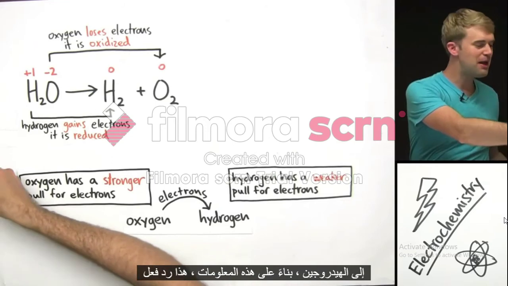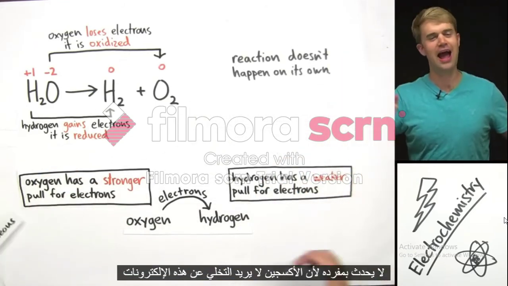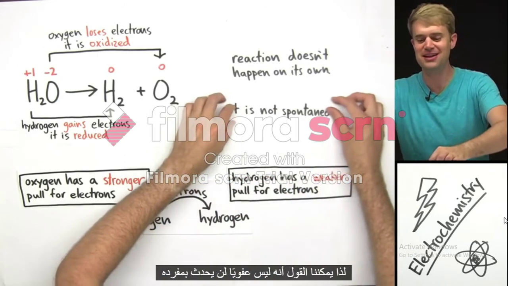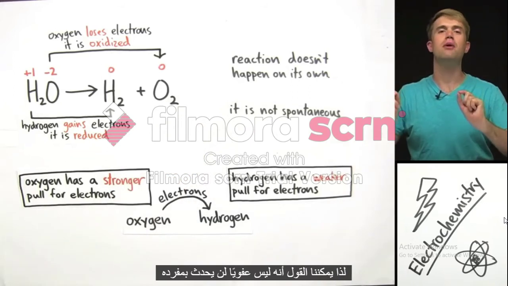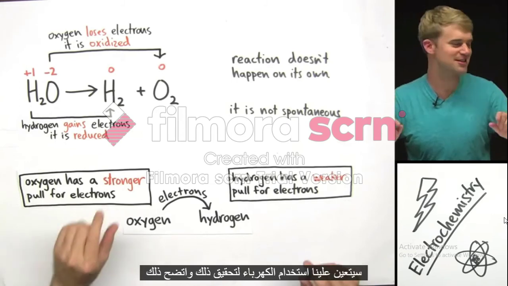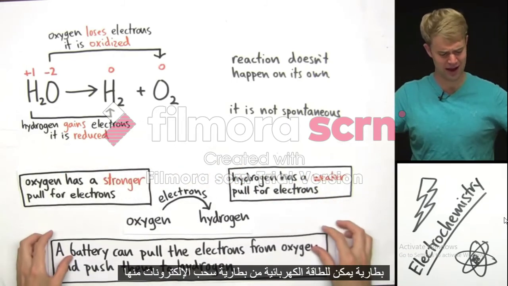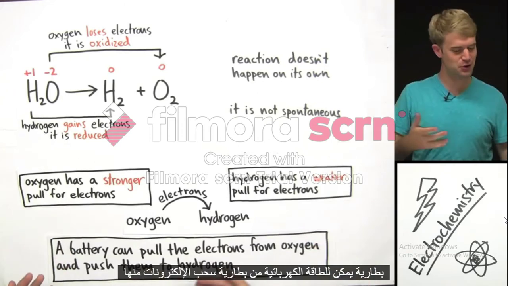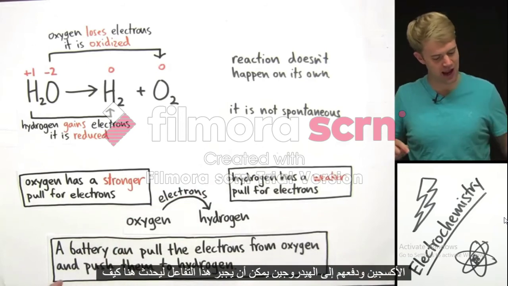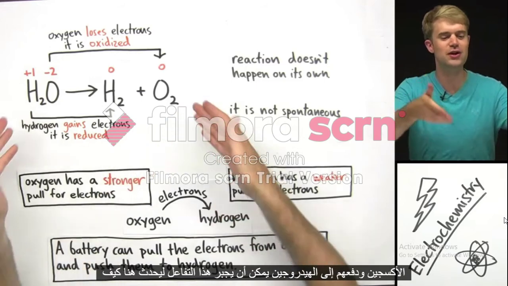Based on that information, this is a reaction that doesn't happen on its own because oxygen doesn't want to give up these electrons. So we can say that it is not spontaneous. It's not going to happen on its own. We're going to have to use electricity to make it happen. It turns out that the electrical energy from a battery can pull the electrons from oxygen and push them to hydrogen. It can force this reaction to happen.